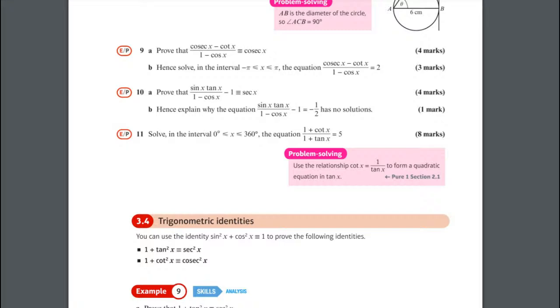Now put 1 plus cot 135 over 1 plus tan 135 in your calculator. Put the fraction sign first, and in the fraction write 1 plus cot 135. You don't have cot, so 1 by tan.